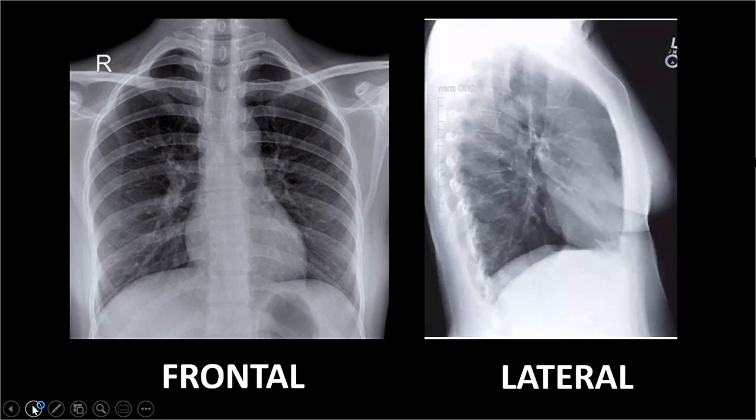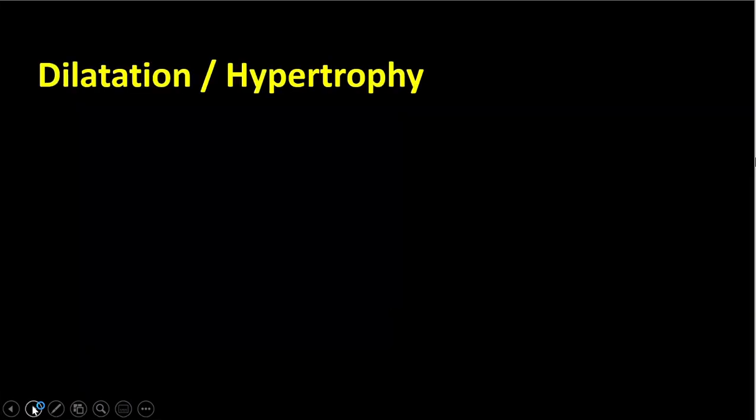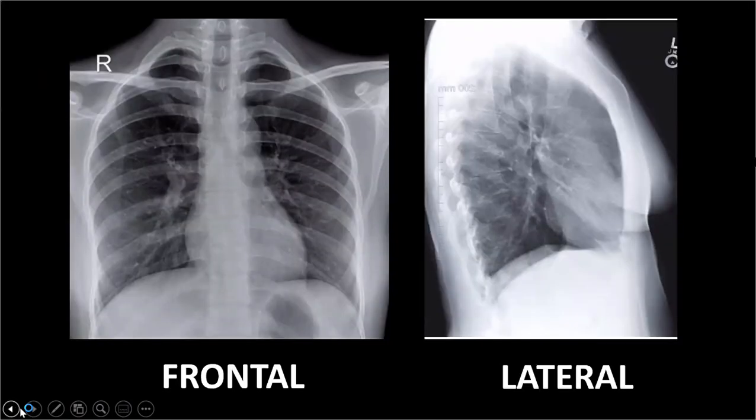Just like in any case, when you do localization, we usually use both the frontal and lateral. However, there are other views that we can still utilize in order to clinch whether it's a right atrial enlargement or a left atrial enlargement. We have what we call an anteroposterior oblique, a posteroanterior oblique, right and left.